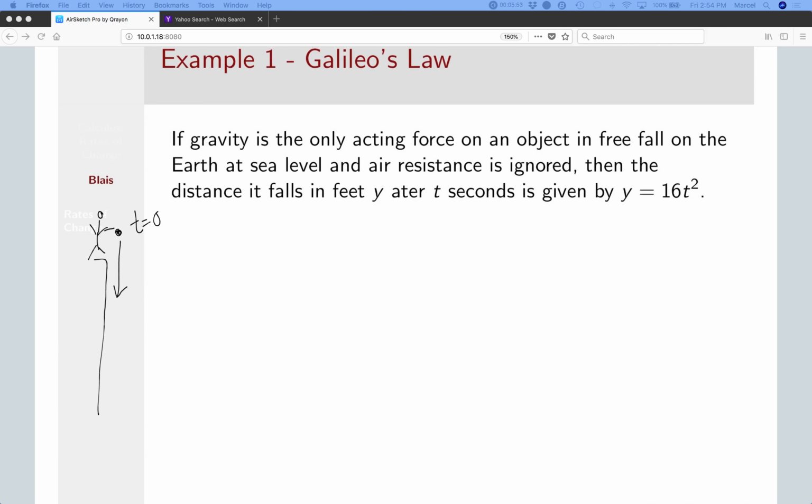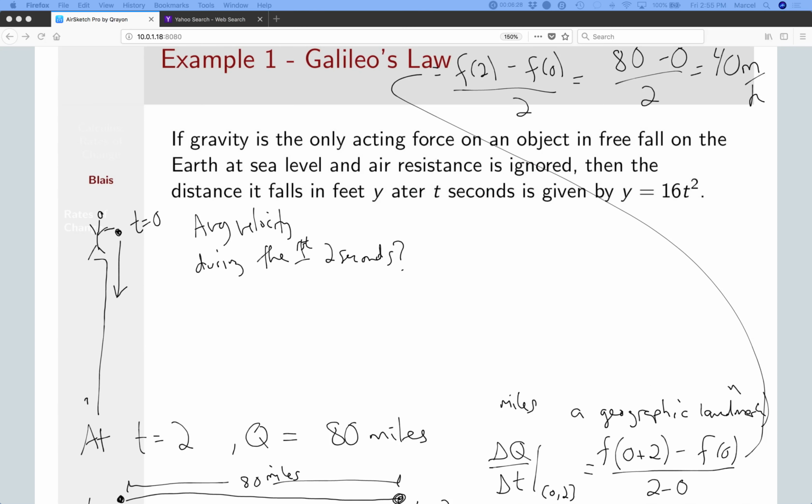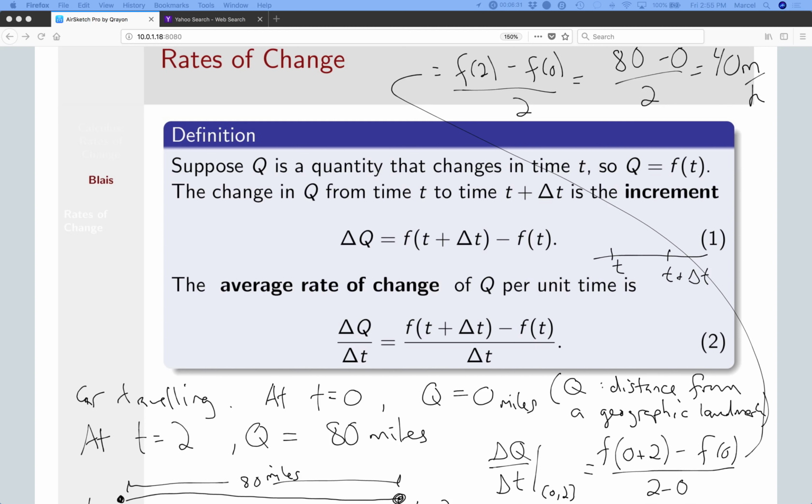And so you may ask questions like, what's the average velocity during, why don't we say, the first 2 seconds? And so in that case, our average velocity, using the same idea here, except what we'll have now is delta y over delta t.